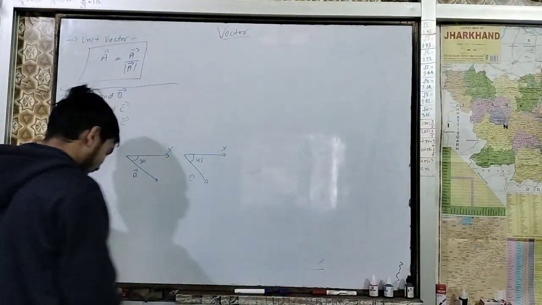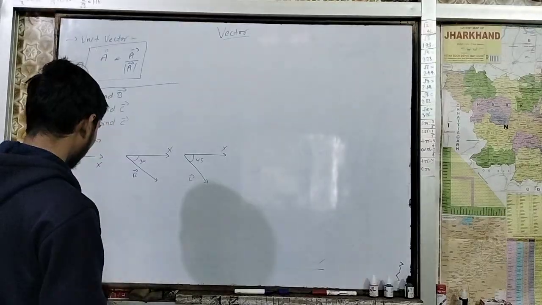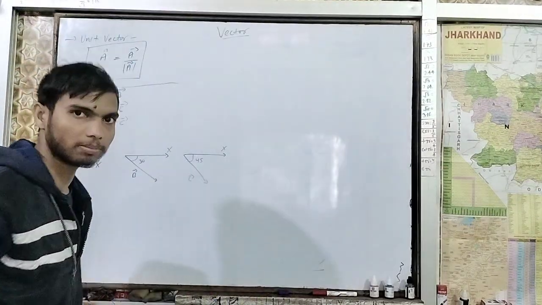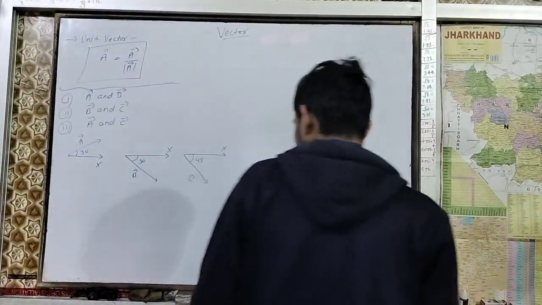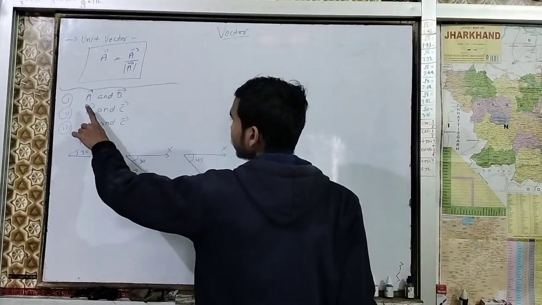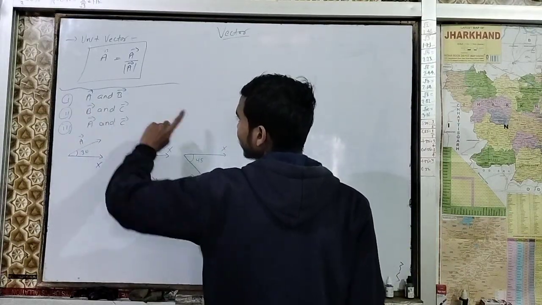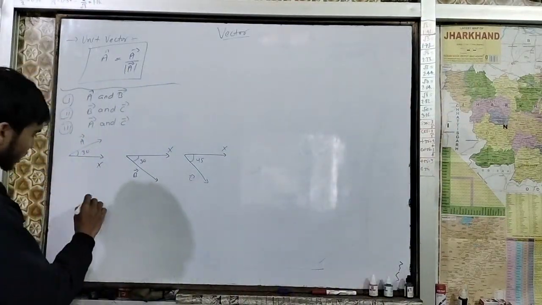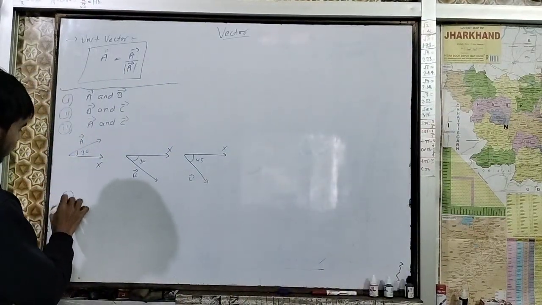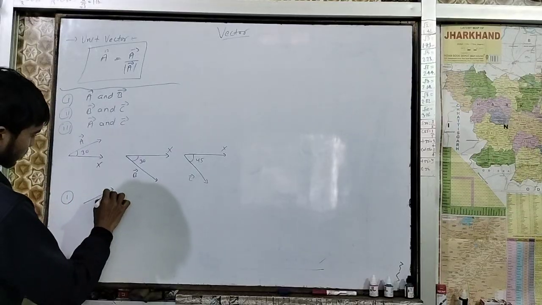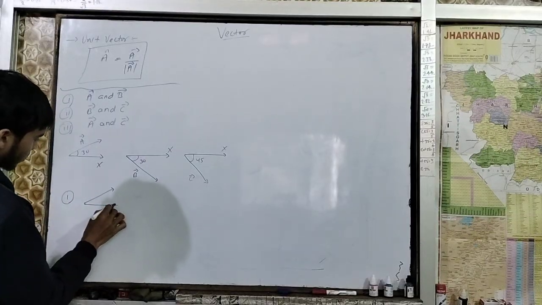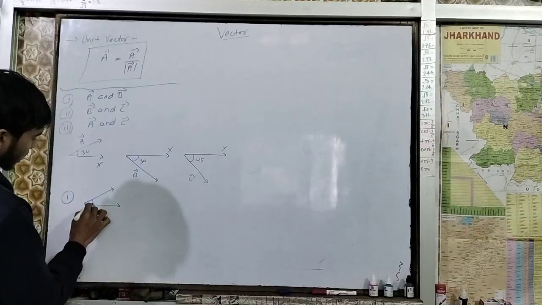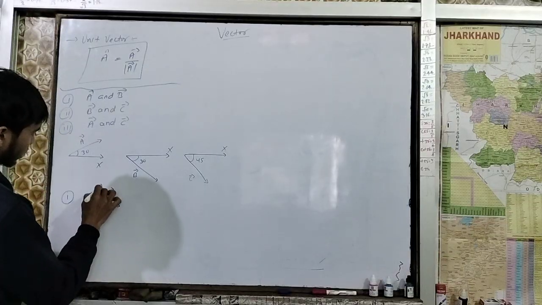Look, this is the x coordinate. Don't consider the x coordinate as a vector. The main question is finding the angle between A vector and B vector. So A vector is like this. Here the angle formed is 30 degrees.